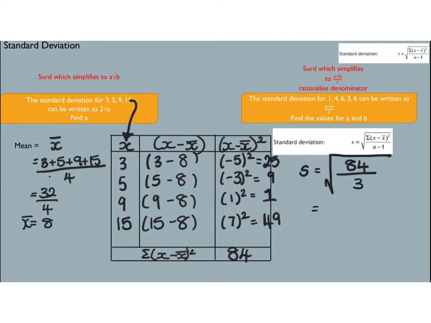So I'm hoping, I know, that 3 goes into 84. 3 goes into 8 twice with 2 left over. 3 goes into 24 8 times. Okay, so I have worked out that 84 divided by 3 makes 28.